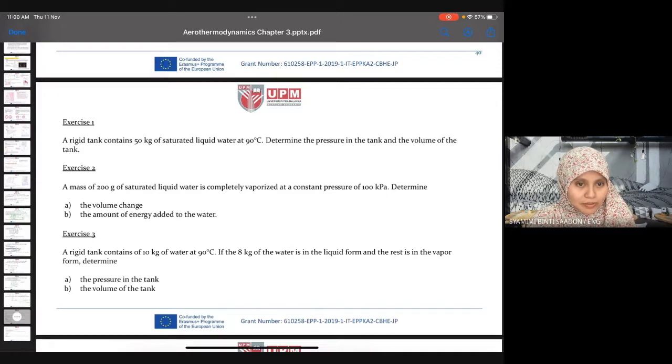Saturated pressure at temperature 90 degrees Celsius. Is this the right table? Let me try. You guys can search for the table. Let me look at my table.